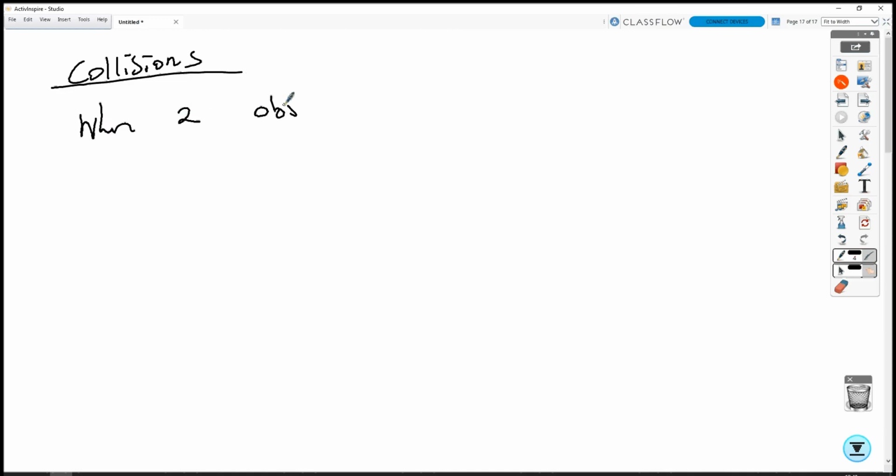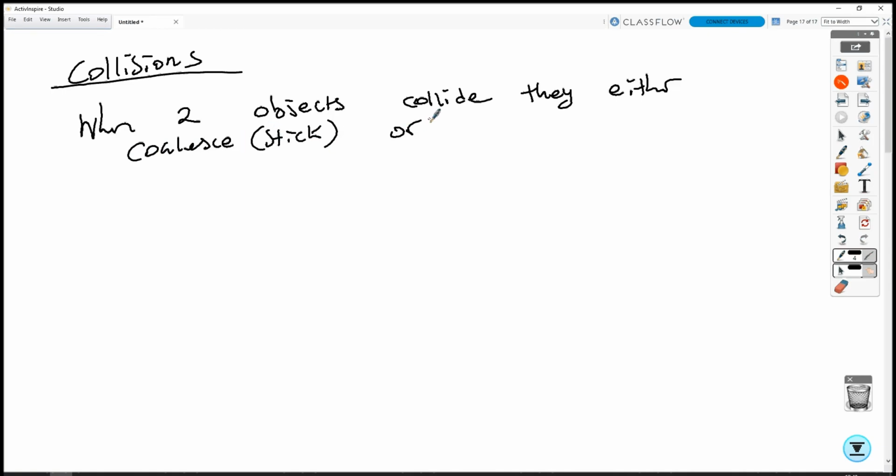So when two objects collide, they either coalesce, which means to stick, or not coalesce. So let's look at a few examples.